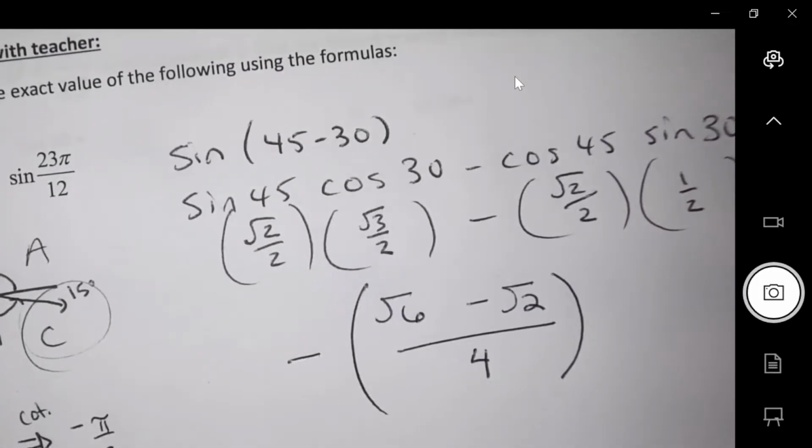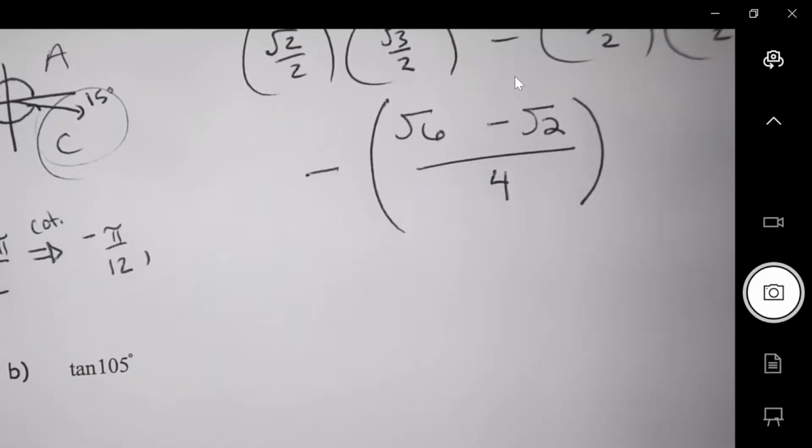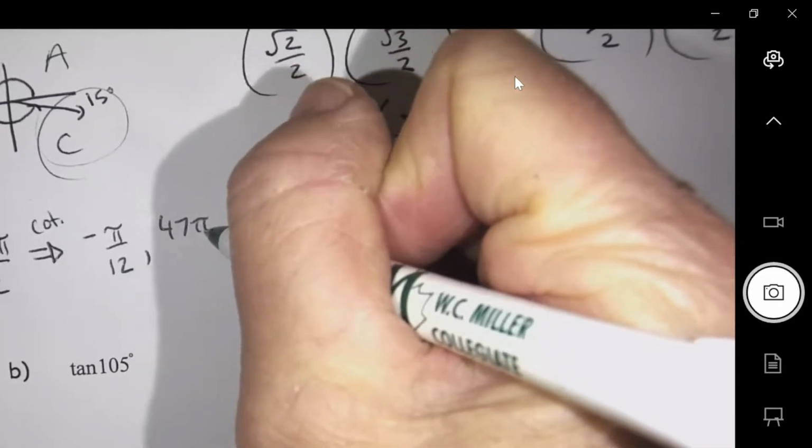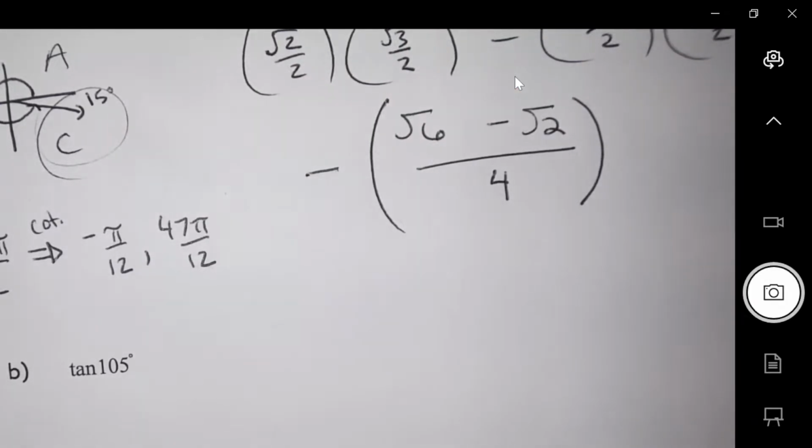Yep. What's another one that might be a positive coterminal? What would be the next positive coterminal? 47 pi over 12. Okay?